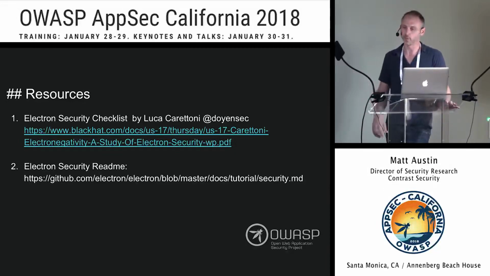He actually found a few CVEs in Electron as well, and so if you can find his stuff, it's really super interesting. And Electron has their own security README. There are some definite issues with that README and some of their advice, but overall, it's definitely something you should try to follow.